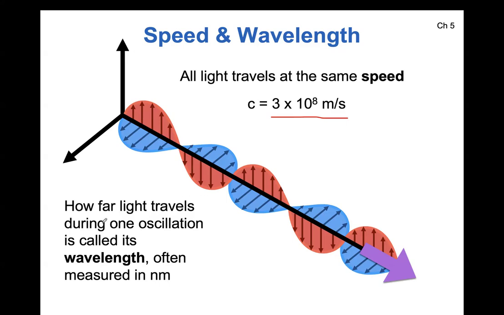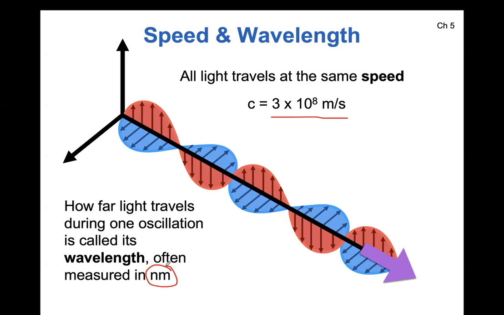How far light travels in one oscillation is called its wavelength, often measured in nanometers. It's not a base unit, but it's a version of the meter that is widely used because it's well suited to visible light, but it gets used for invisible light as well.